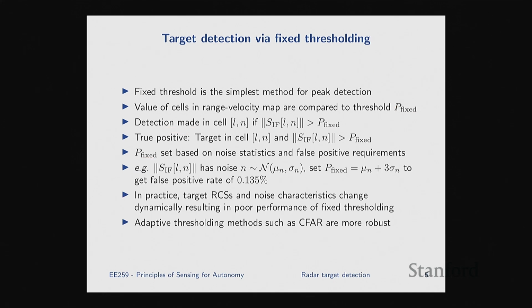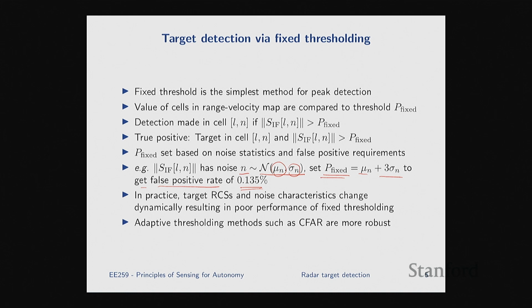But if you have a system where your noise is Gaussian distributed with mean mu and variance sigma, then sure, you can choose a P fixed of mu plus 3 sigma. By the Gaussian statistics, that gives you a very low false positive rate of 0.13%. And that's okay. But in practice, it's not that clean.